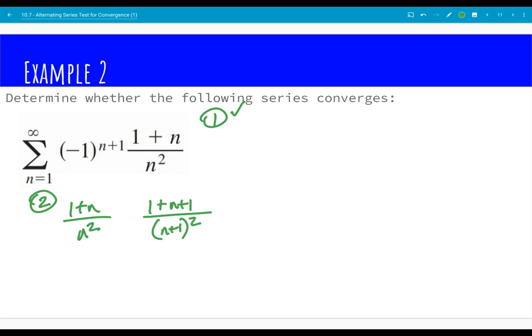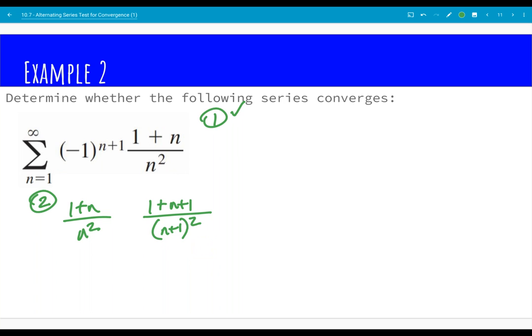So this one's not as straightforward as the last one. I'm not going to get into the details here, but essentially because of the square, the denominator is bigger than the numerator. Then we know that it's going to be a bigger denominator making a smaller term.